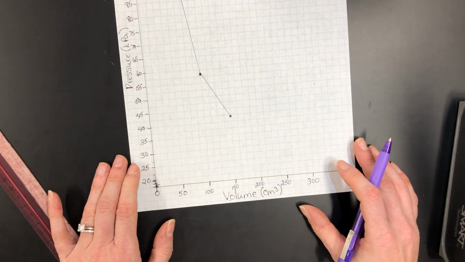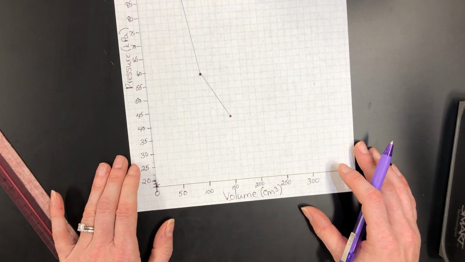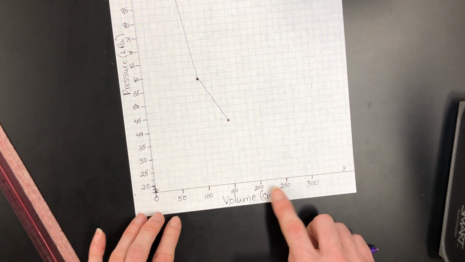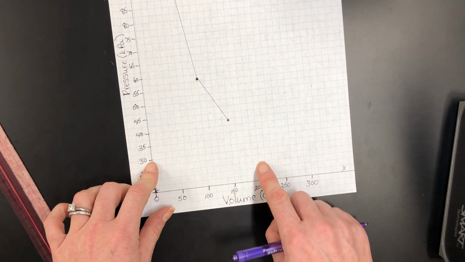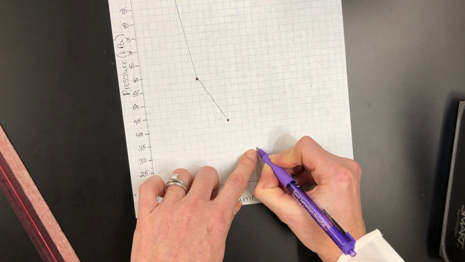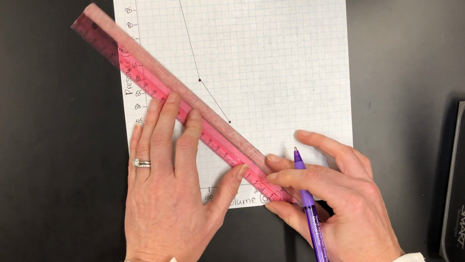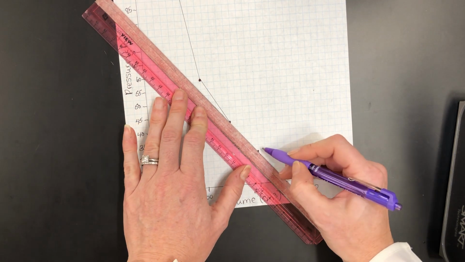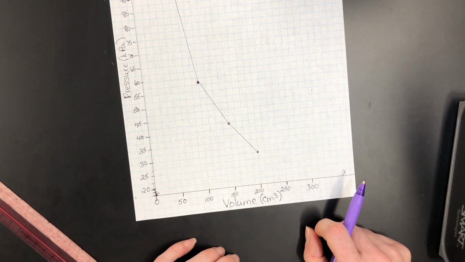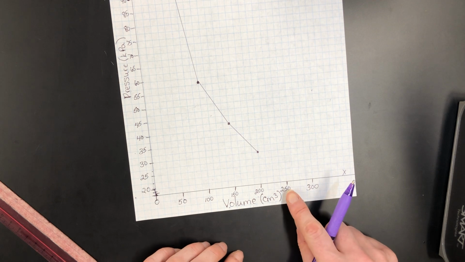The next point is volume 200, pressure 30. Where those 2 lines meet, we put a point. The next point, volume 250, pressure 24.